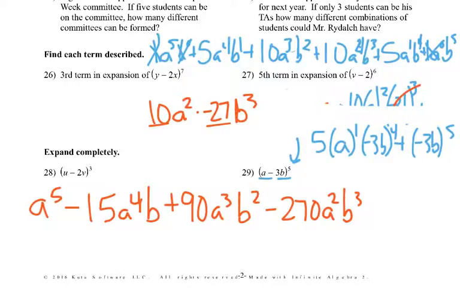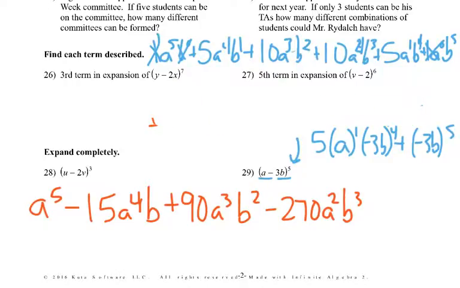Okay. Then we've got 5 times a times negative 3 to the 4th is going to be a positive 81 b to the 4th.